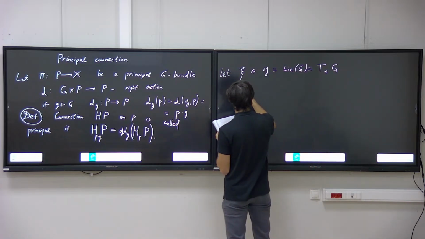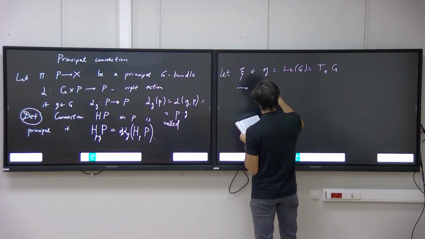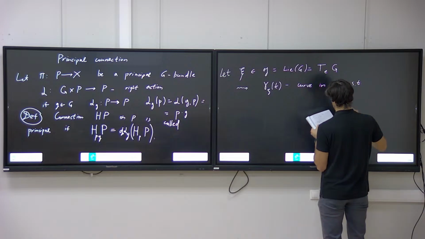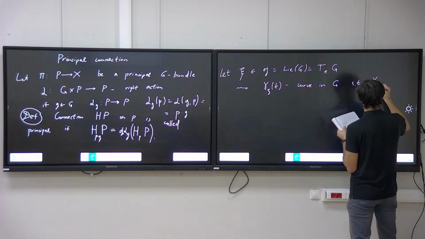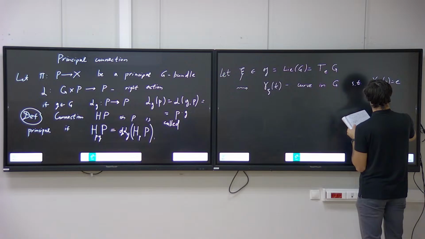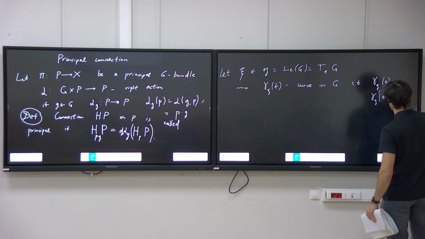Then I can consider a curve in G, gamma xi of t. So this is a curve in G such that, any curve really, gamma xi of 0 is just identity. And well, the tangent vector at 0 to this curve is my vector xi.